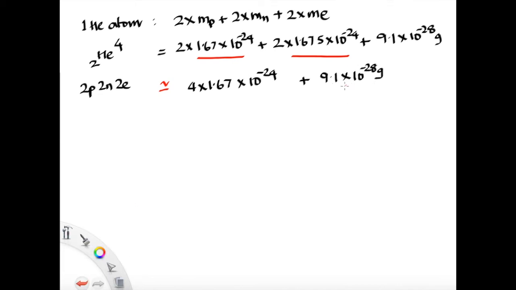Mass of an electron can be ignored because it's very small. So it does not matter. Mass of an electron is negligible. I have 4 times mass of a proton.